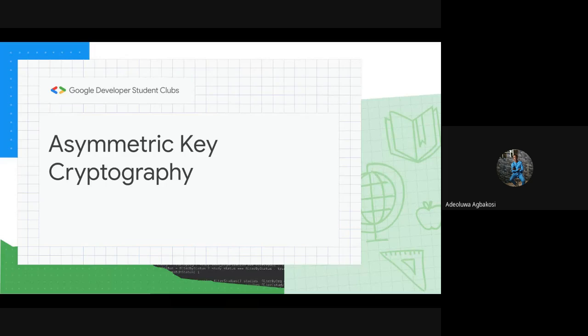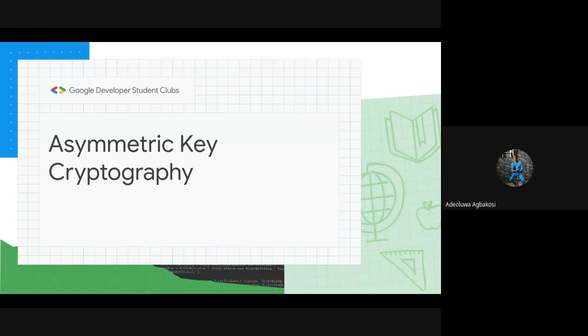SSH is commonly used by system administrators and software developers to access and manage remote servers and devices, as well as transfer files between these devices securely. It supports a few features like tunneling. SSH allows you to create secure connections between different devices over an unsecured network.